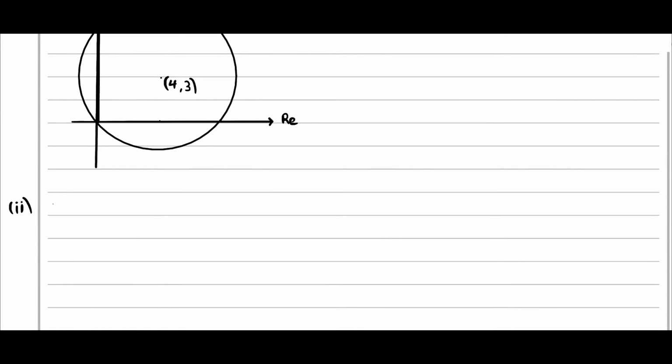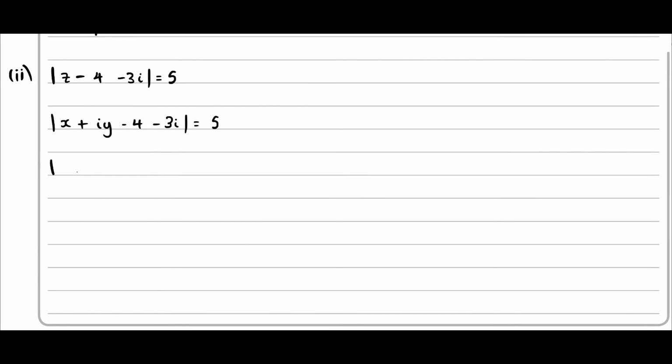So for the next part, we have already z minus 4 minus 3i equals 5. And we can replace the z with x plus iy. So we have x plus iy minus 4 minus 3i equals 5.